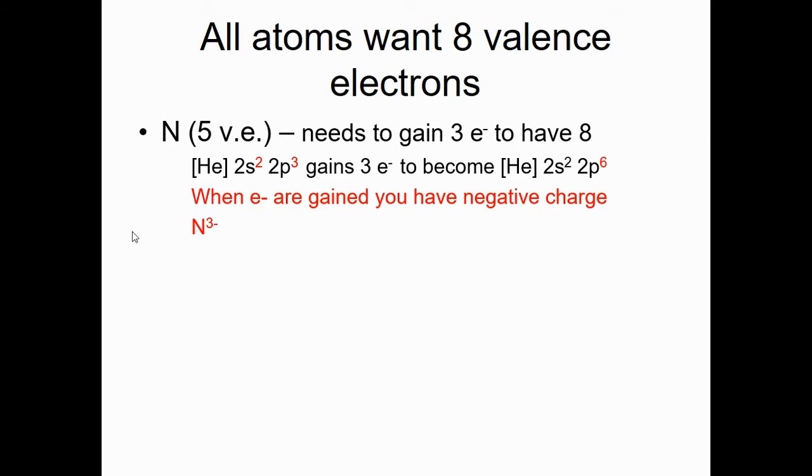So now you have a charge of -8 for your electrons and a charge of +5 for your protons. So overall, your nitrogen is now negative, N3 minus. It went and stole 3 electrons from somewhere, stole them, shared them, did something, but it gained 3 electrons. That is called an ion. Anything that is charged is called an ion. When it's negatively charged, it is called an anion.